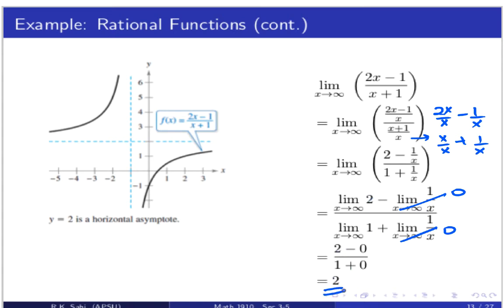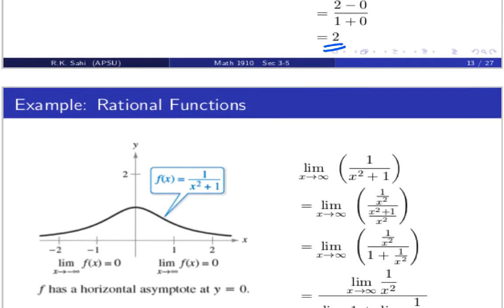So your final answer is 2. So this limit of a rational function is equal to 2. That means y equal to 2 is a horizontal asymptote. Not only have we found the limit of a rational function at infinity, but also in the process we figured out a horizontal asymptote.